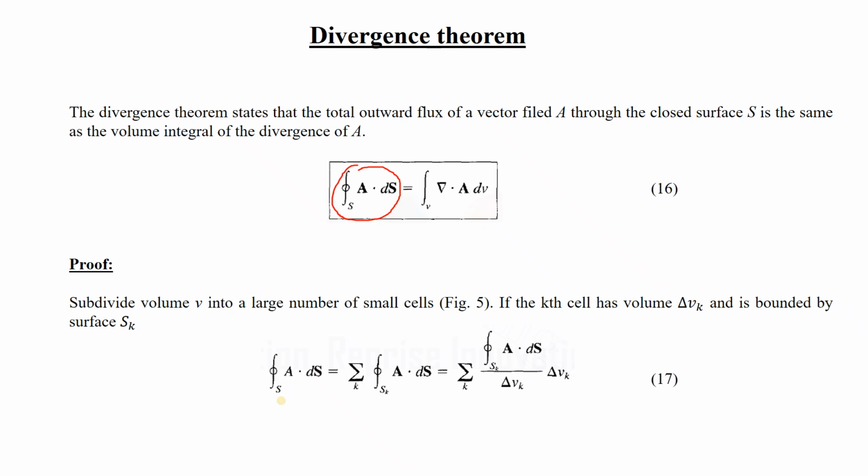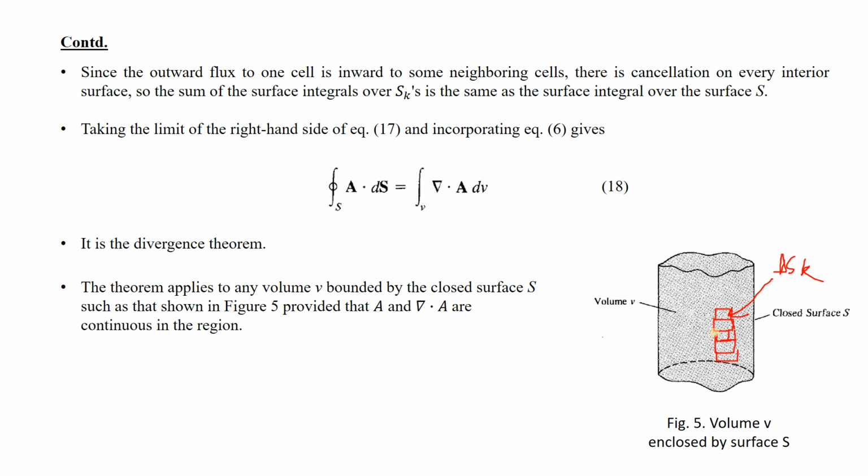Now if you concentrate on the left hand side of this equation, LHS. Now what we will do, we have divided the entire area into small segments. So S, capital S, is equal to, either we can write dS, but this is delta S. Suppose it is divided into n number of cells, suppose 1 million.